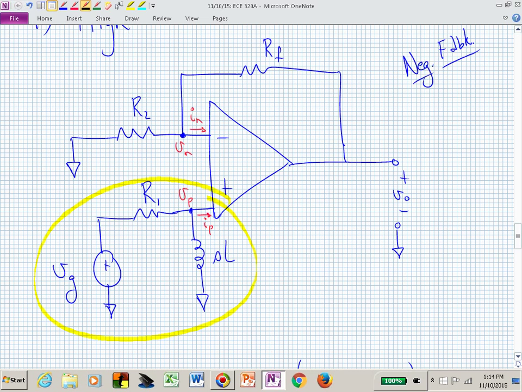Suppose that I now write a KCL at that inverting terminal node. I'm now going to look at this and say, can I write a KCL equation at that terminal?